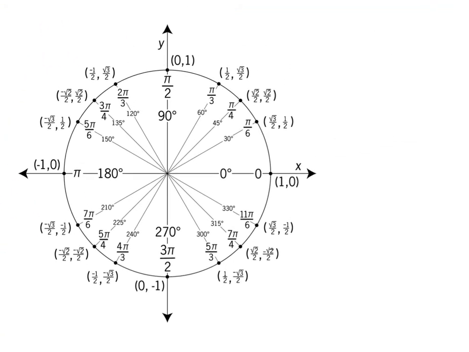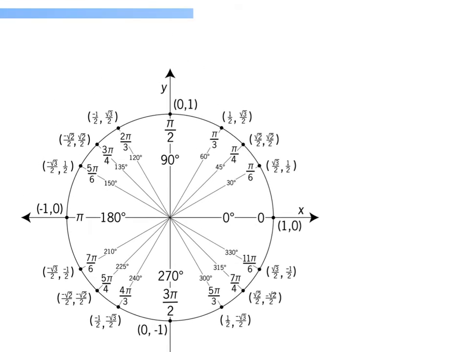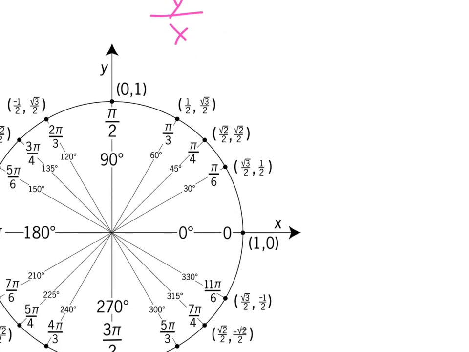So to do this, we want to look at the first quadrant. We have tangent, we said, was y over x, so we're going to put our y value over our x value. So here we have 1/2 over square root 3 over 2. What happens when you have a fraction inside a fraction? You do the reciprocal. Keep, change, flip.